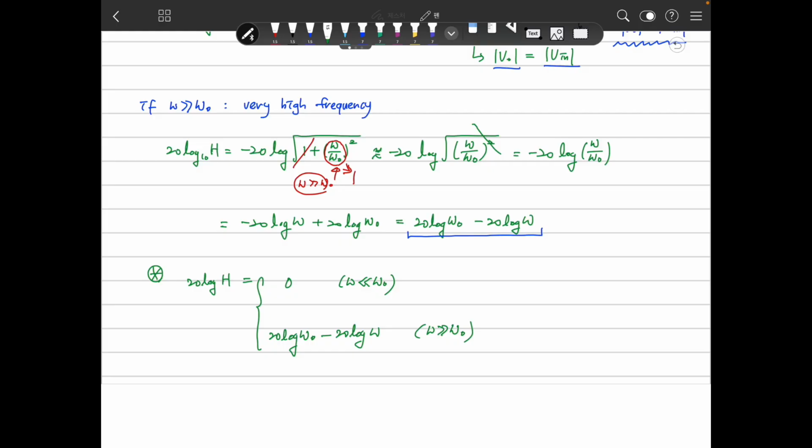Omega 0 is a function of the system parameters. So omega 0 is fixed, and we insert its input. Then we need to draw these figures in this manner.